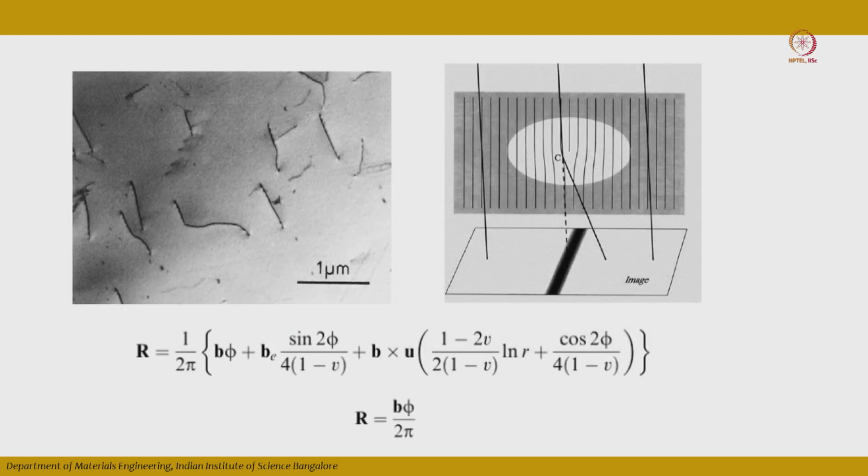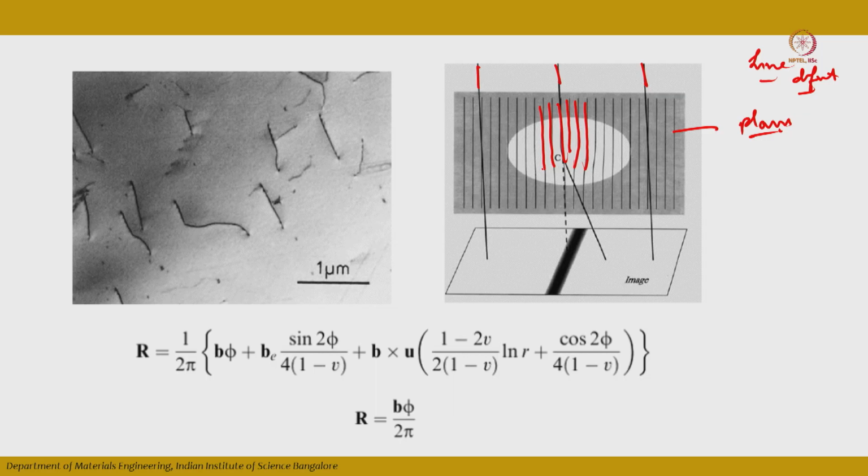Now, this is a very simple example of line defects. Imagine these are the crystallographic planes, and you can see there is an incident beam and there is a dislocation, and due to the presence of the dislocation you can see the bending of planes near the dislocation.